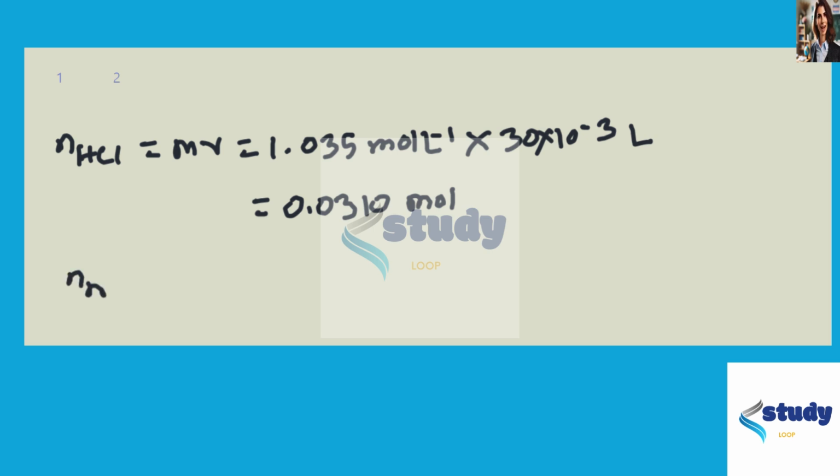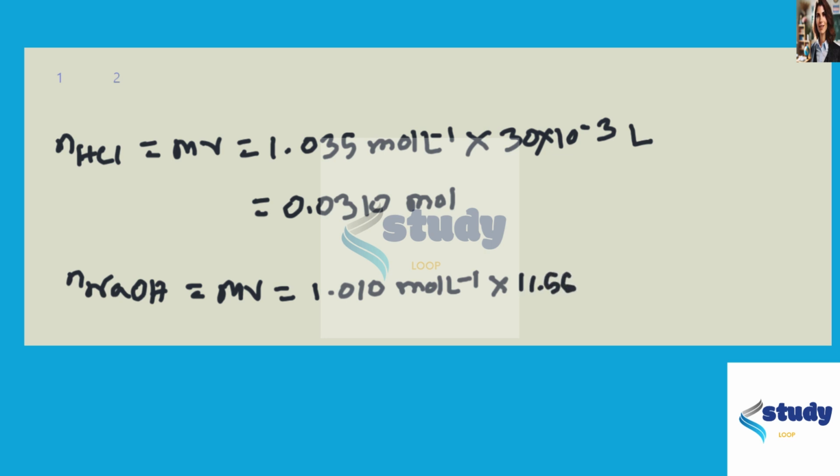So the number of moles of sodium hydroxide will be again the molarity times the volume of the sodium hydroxide, and it will be 1.010 molar or mole per liter times the volume of the sodium hydroxide, which is 11.56 milliliter, or 11.56 times 10 to the power minus 3 liter.